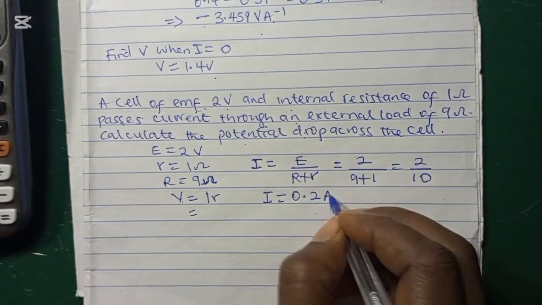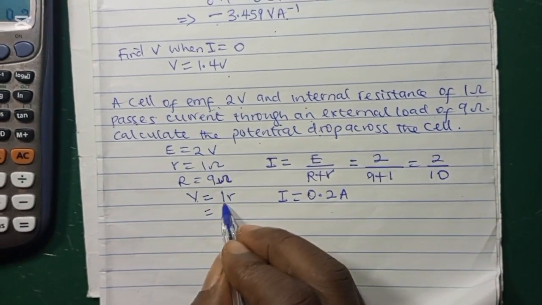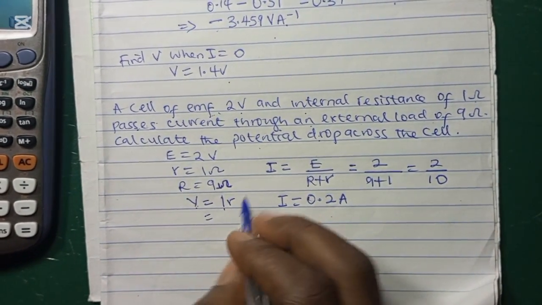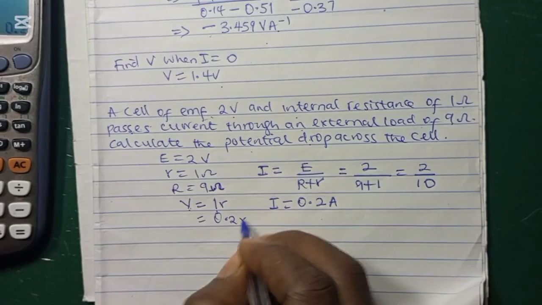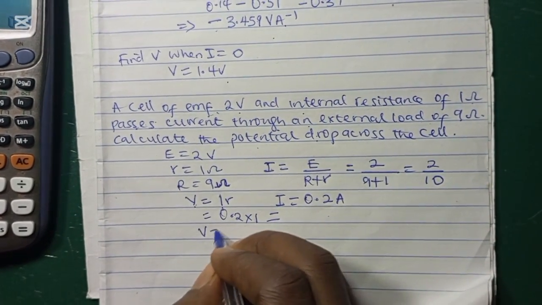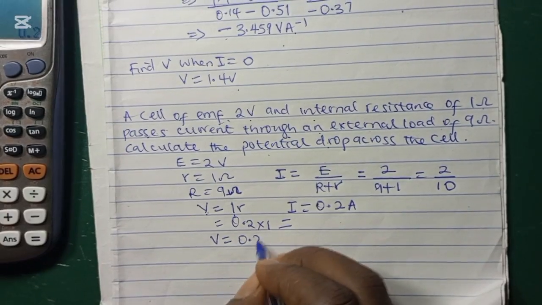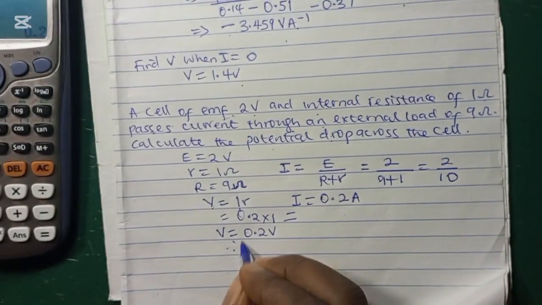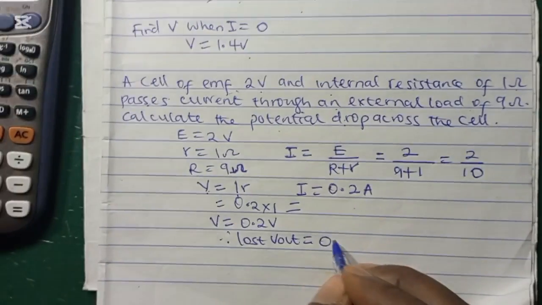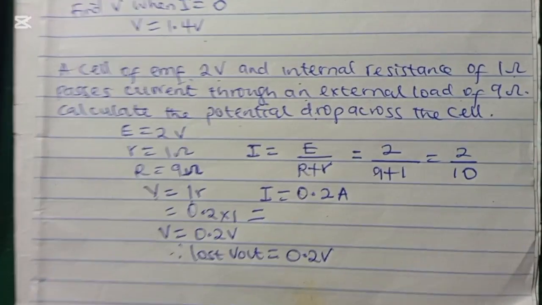And this is the current flowing. For me to get the PD across the cell, I'm going to say this is 0.2 multiplied by 1. So that gives me the PD, that's the lost volt, to be 0.2 volt. Therefore, lost volt is equal to 0.2 volt. I hope that is clear.